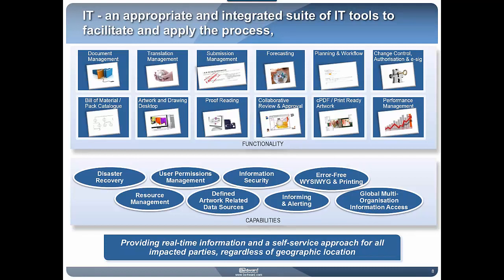Some of these tools form an artwork management system, so things like document management, electronic approval, your planning and scheduling. Some of these tools are specific desktop tools that people need to be able to create the artwork, for example. And then some of them, like submission management, are how you engage with your regulatory authorities around the world to be able to submit into their electronic systems.